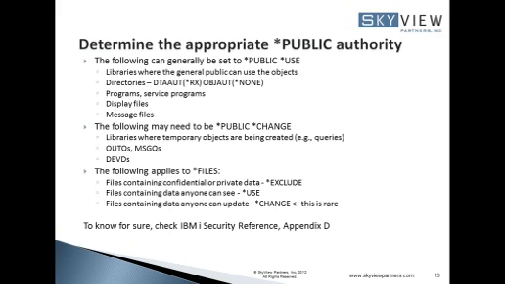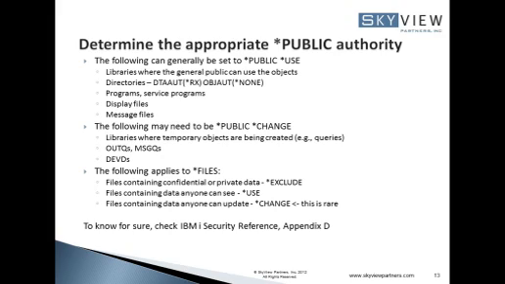Now remember, we're going to assume that anything coming through the application or the application programs will have sufficient authority through what? Through the adopted authority. So you don't have to worry about programs accessing the data through the application.